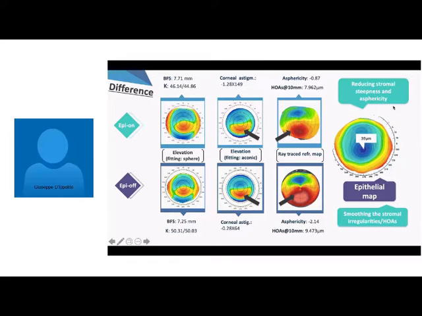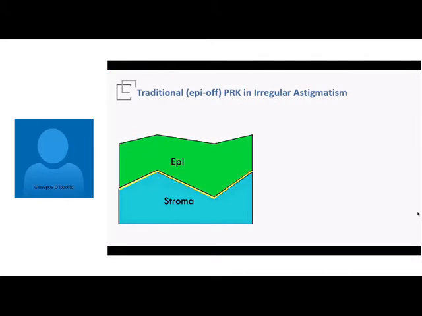It is reducing stromal steepness and asphericity, as we see here, and it is smoothing the stromal irregular aberrations. This gives an impression of how much the epithelium means and how wrong it would be to treat the stromal surface using our measurements with epithelium covering the anterior cornea.